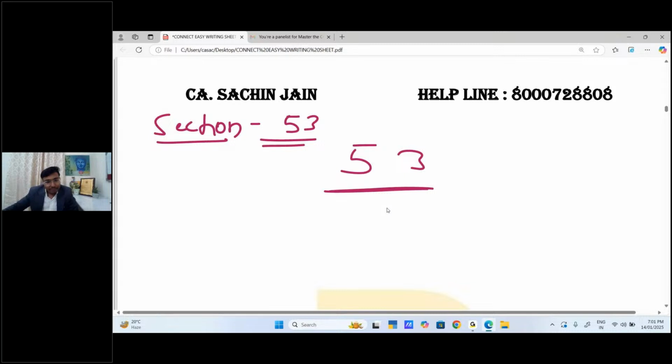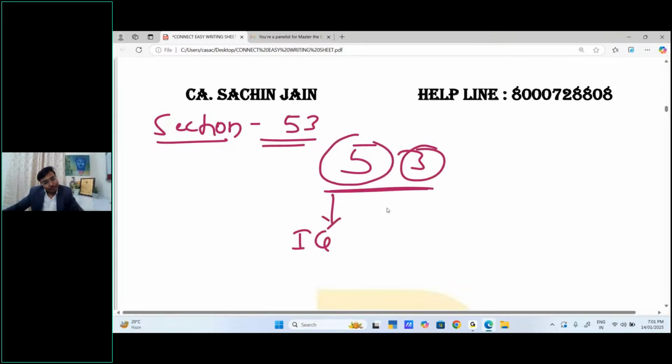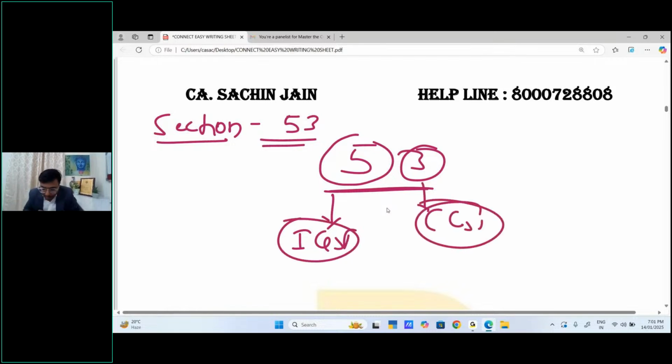Whenever you see the number 53, your 5 is IGST, and 3 is CGST. Suppose there is a credit under the IGST head, and we all know that to set off the liability of CGST we can use the IGST credit. And when I use the IGST credit to set off that central GST liability, at that time I need to reduce that IGST.